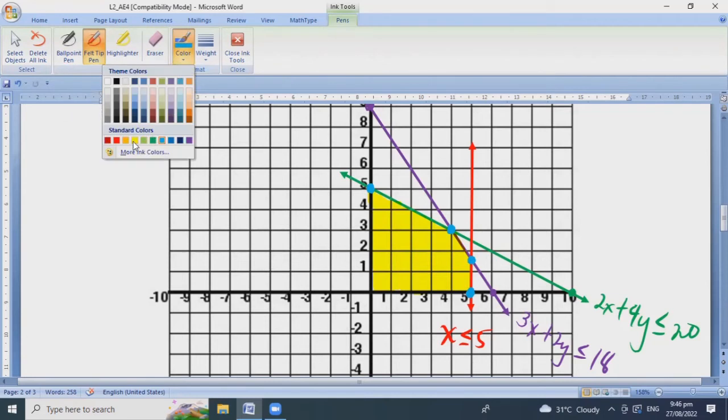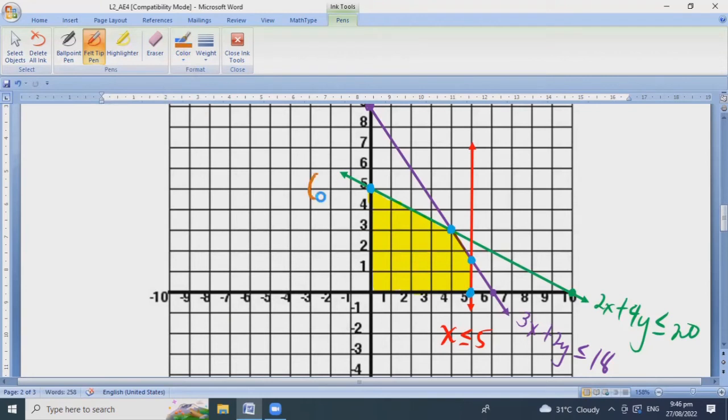Let us name all the points here. So, automatically, this one, saan siya nag-fall? 0, 5. Tapos dito naman, yung madadali muna, 5, 0. Tapos ito, saan siya nag-fall? 4, 3.